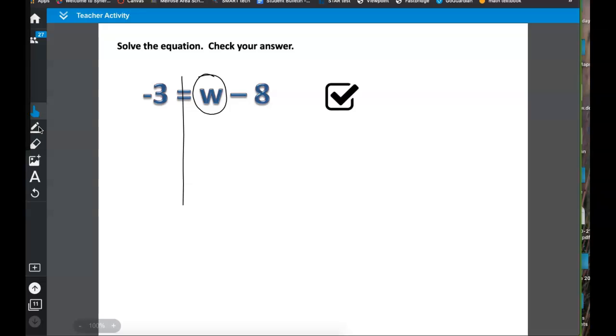You add 8. You add 8 with a +8. So on each side of the equation, you should have put +8. Okay? I'm going to cross off the -8 and the +8. On the right-hand side, you should have a W.